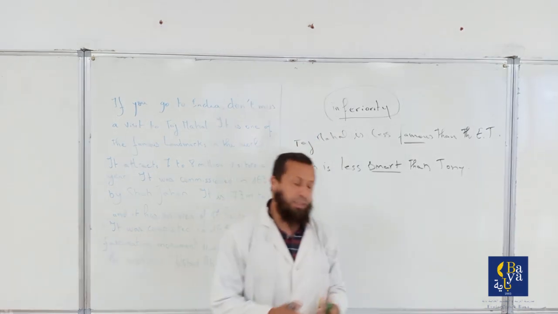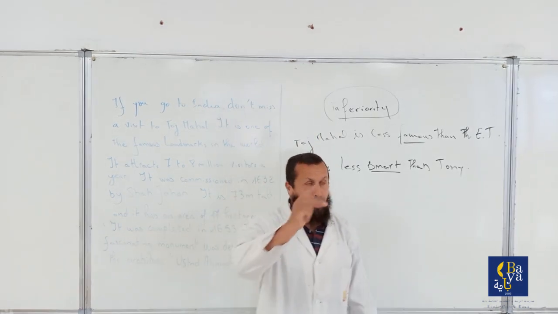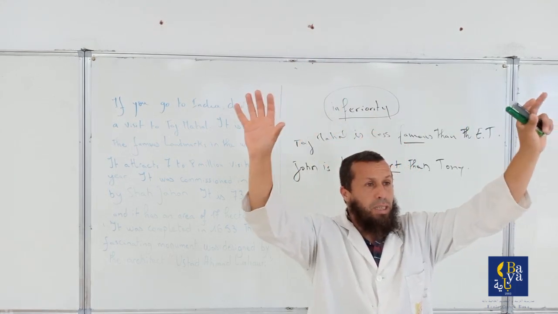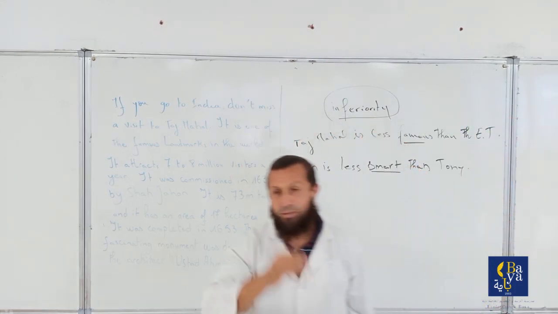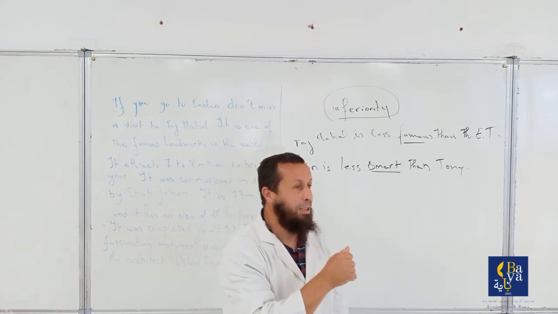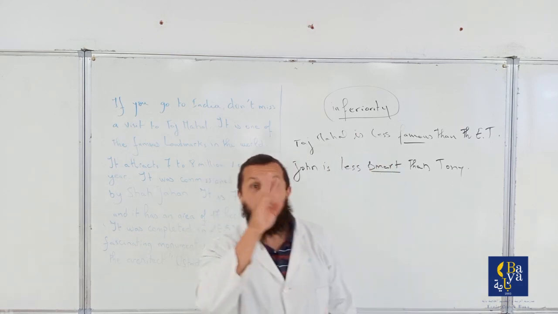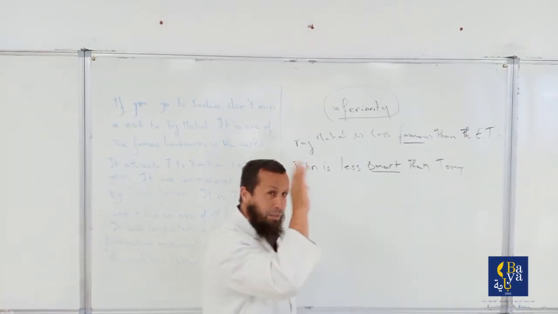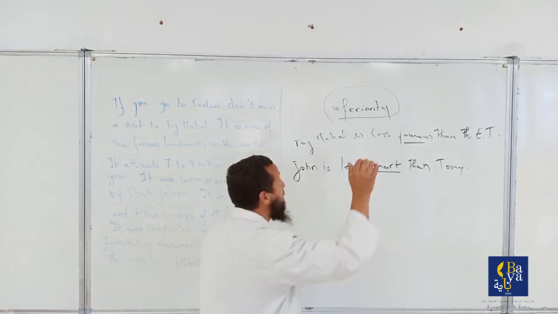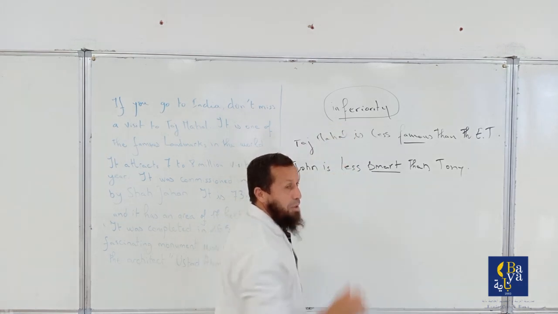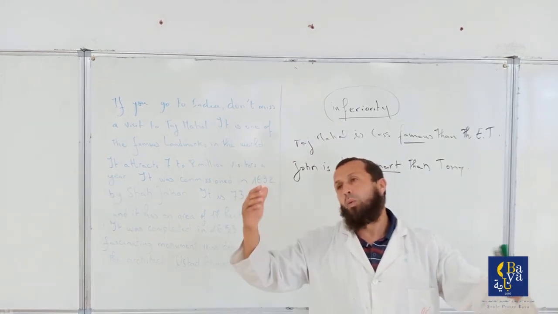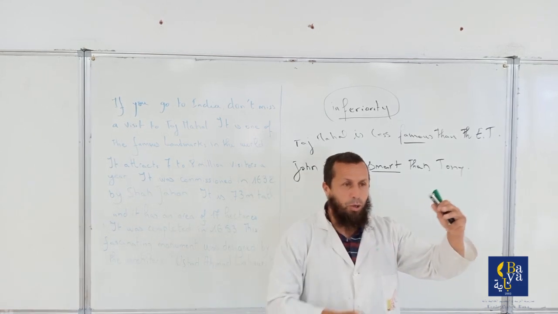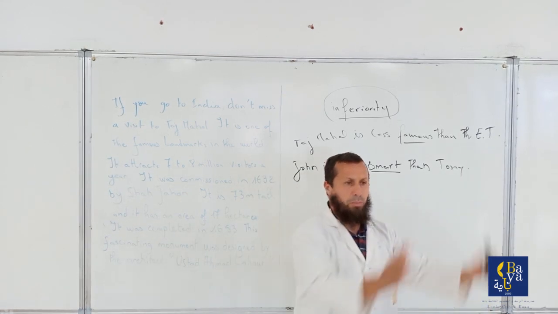So now, until now, we have superiority: the comparative for two things, and the superlative for more than two things. And then we have inferiority. The comparative uses ER than, or more adjective than, for two things.